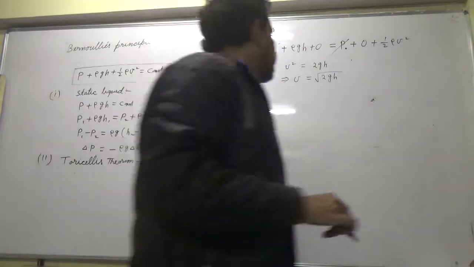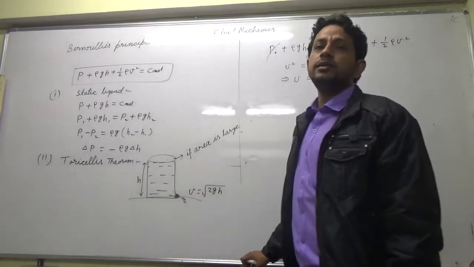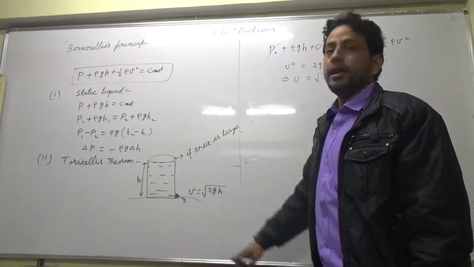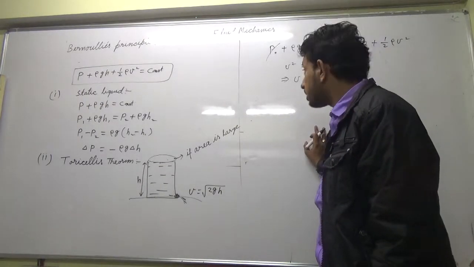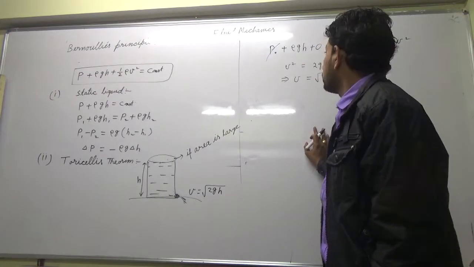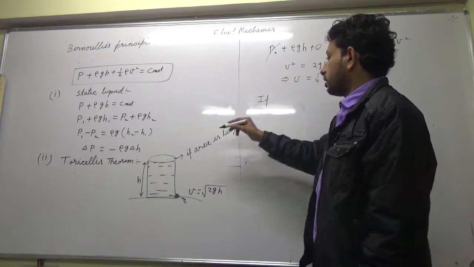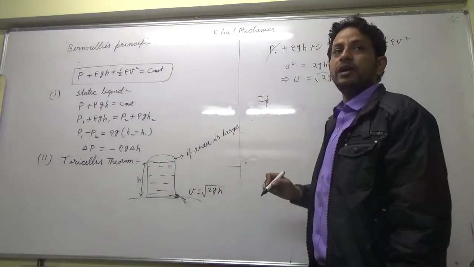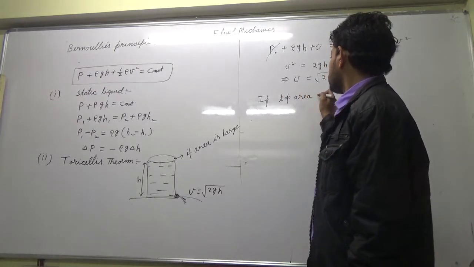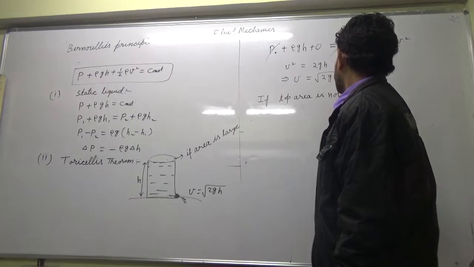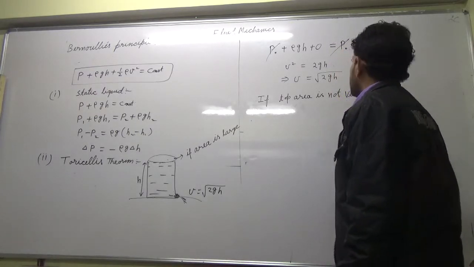But if the area is not very large, if it is comparable to the whole area, then we should include the area here also, the velocity of that other part also. So if the top area is not very large, then what should we write?